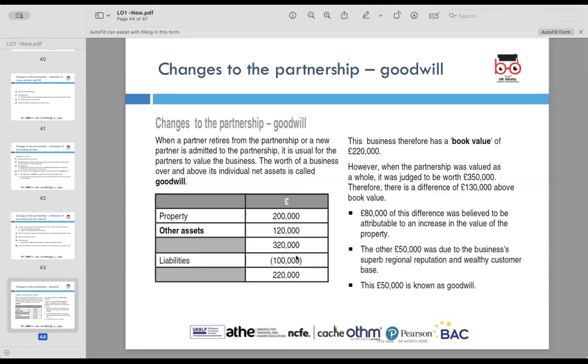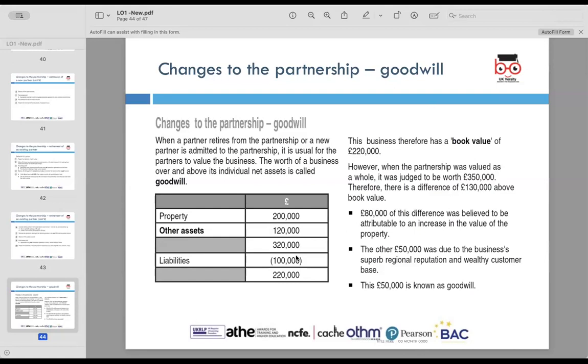Calculation and examples: for example, consider a partnership where the business has a book value of 220,000 pounds based on its assets and liabilities. Upon valuation as a whole, the partnership is deemed to be worth 350,000 pounds.